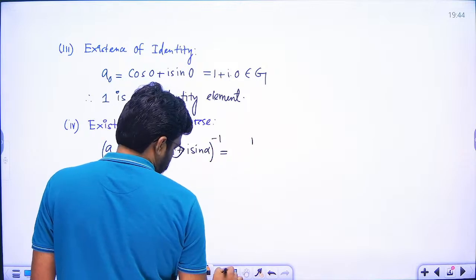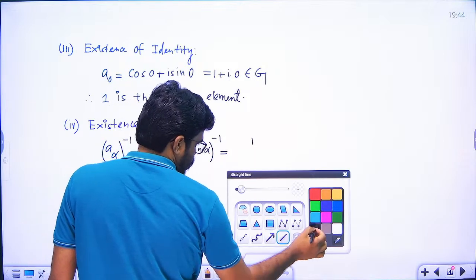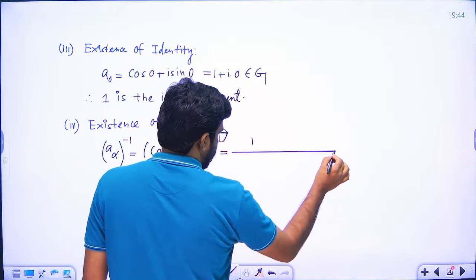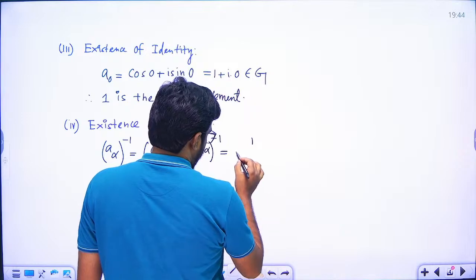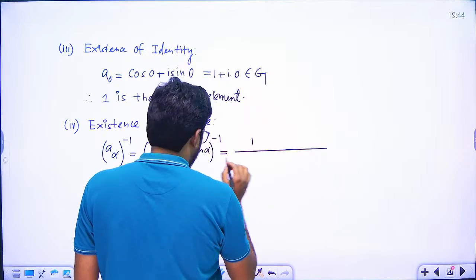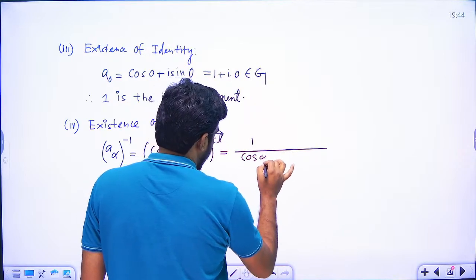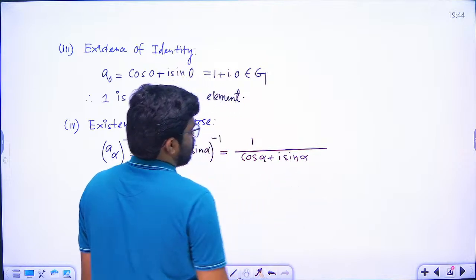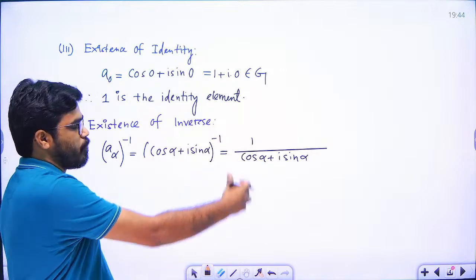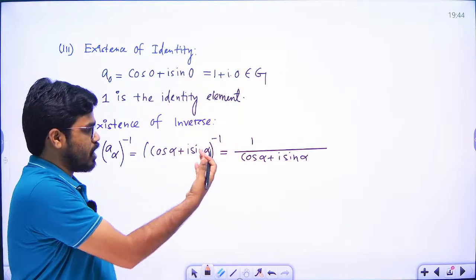So this is 1 by cos alpha plus I sin alpha, right? Multiply the numerator and denominator by the conjugate, that is cos alpha minus I sin alpha.